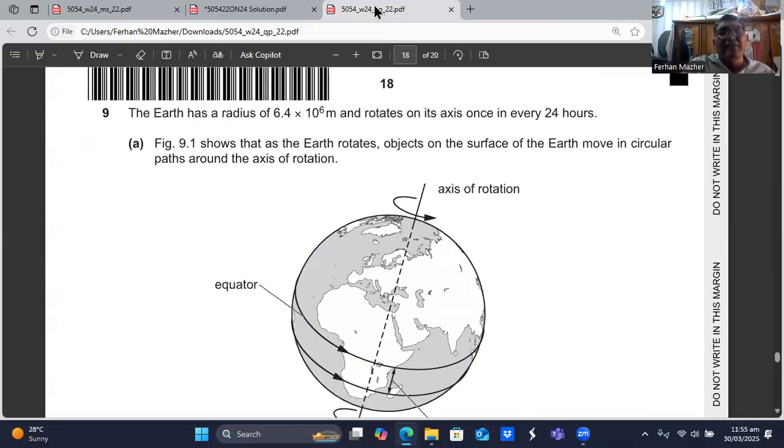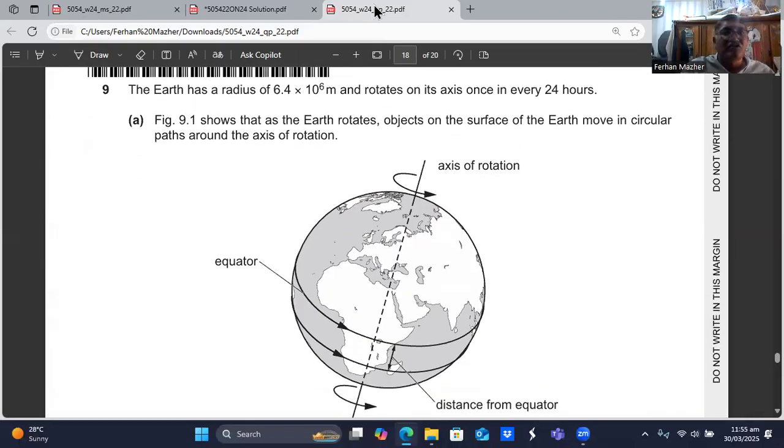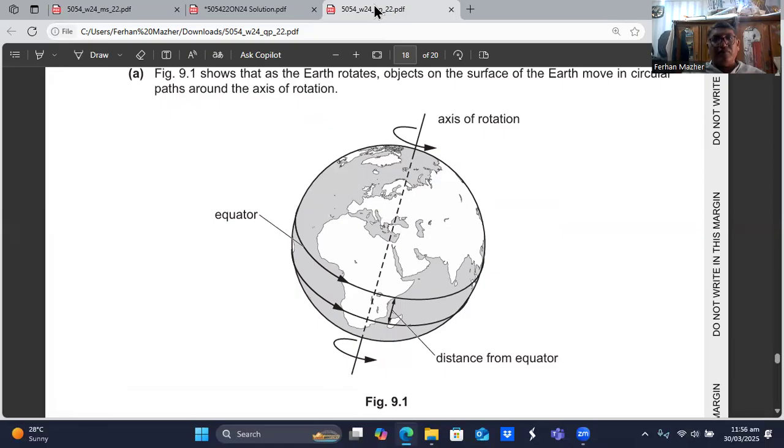So here we have question number 9 coming on your screen. The Earth has a radius of 6.4 × 10^6 meters and rotates on its axis once in every 24 hours. Part A: figure 9.1 shows that as the Earth rotates, objects on the surface of the Earth move in a circular path around the axis of rotation.